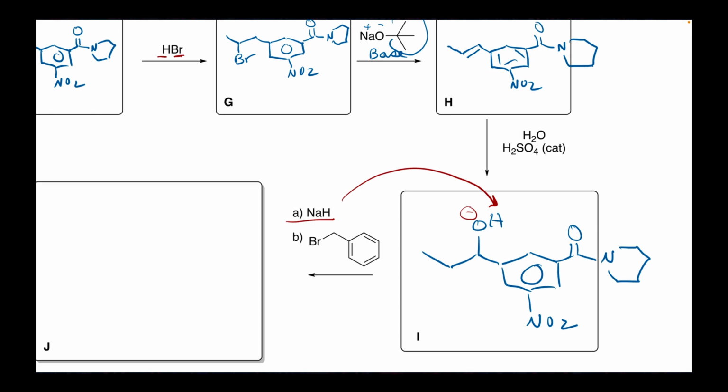So this, remember, we make an alkoxide. So you can deprotonate the alcohol with sodium hydride. And that alkoxide can react to do SN2 chemistry. In this case, we have a carbon with a bromine on it, which we can do a substitution reaction with. So it's an SN2 substitution.